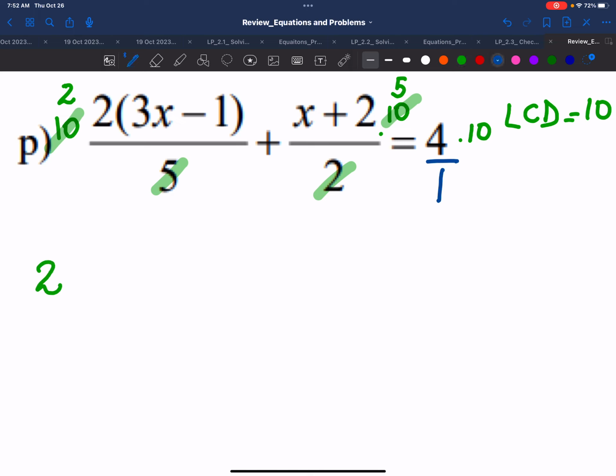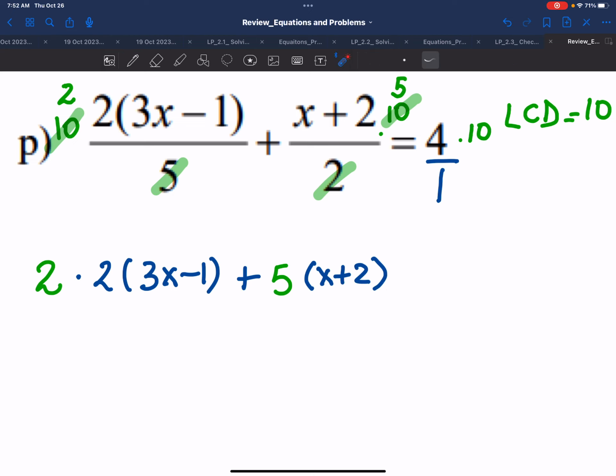I'm going to follow the long way, sort of, so that we can see where all the numbers are going. And then we have the 5 that is multiplying x plus 2. Remember to keep the numerator in brackets, especially if you have more than one term in the numerator. And then 4 times 10.